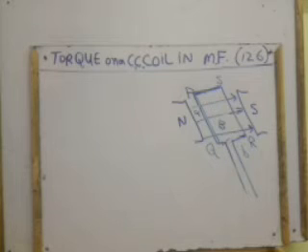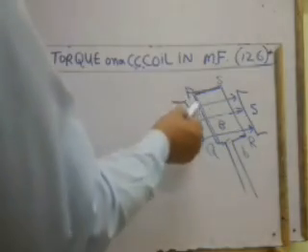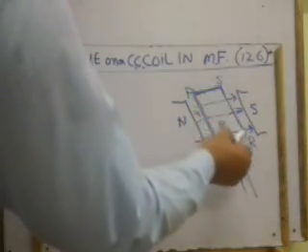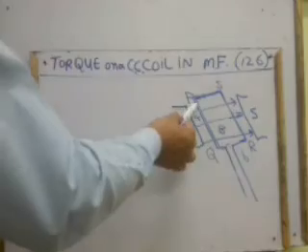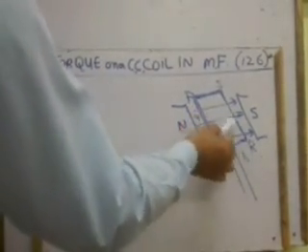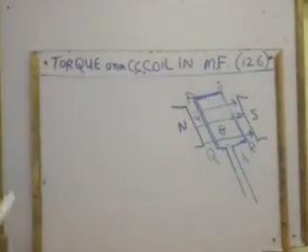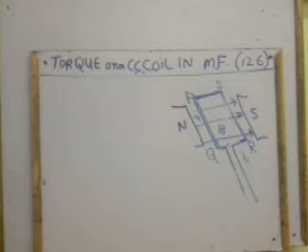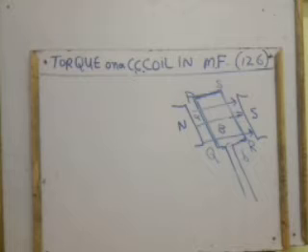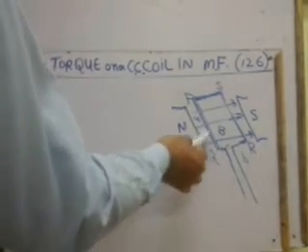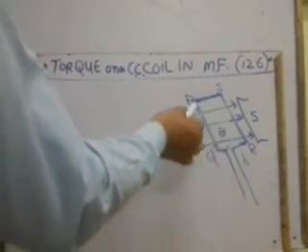The force F acts on the sides PQ and RS. These two sides again experience forces due to the magnetic field available already and another in a magnetic field produced by the current flowing through the coil.